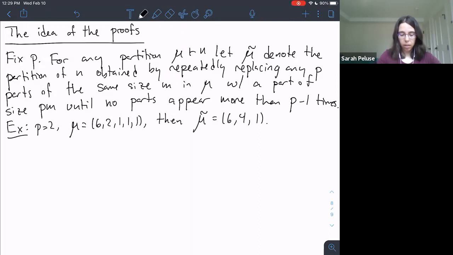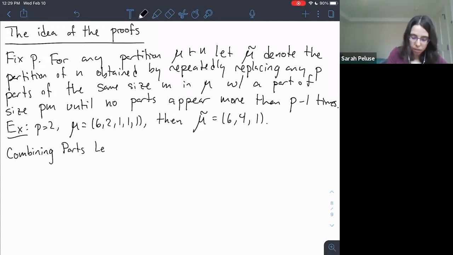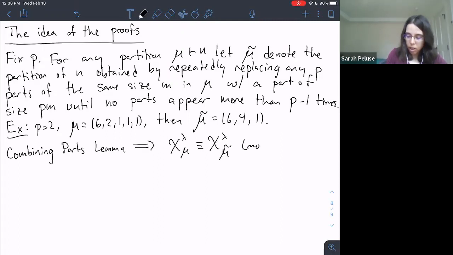So here's the idea of the proofs. The combining parts lemma implies that character values for mu are congruent to the character values for mu tilde mod p, for all lambda and mu.